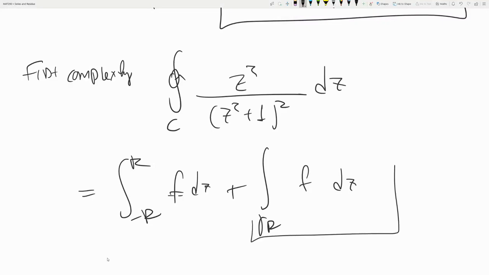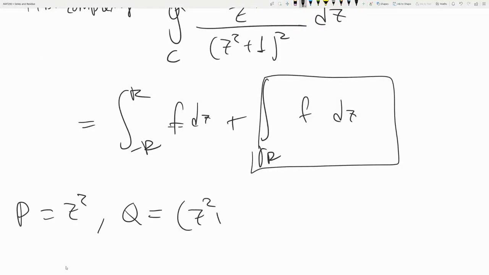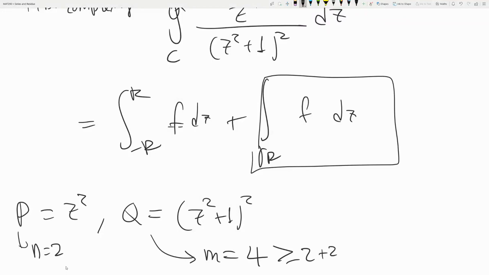Okay, so now let's look at this guy. Let's just apply the lemma. P is z squared, Q is z squared plus 1 squared. P has degree 2, and this guy has degree 4, which is bigger or equal than 2 plus 2, n plus 2.